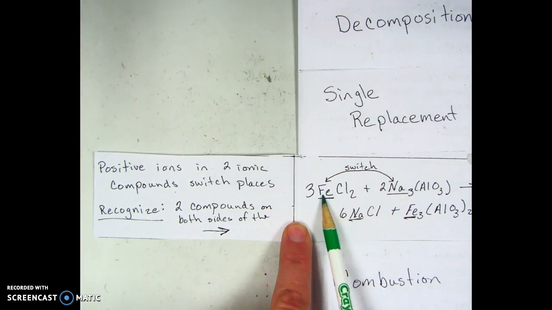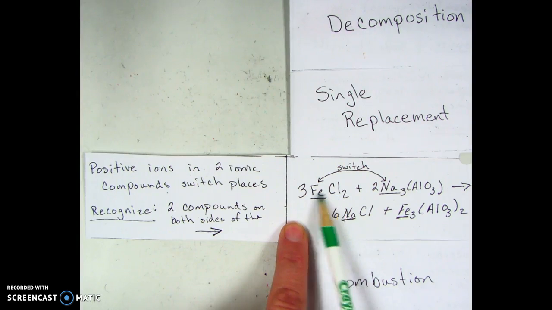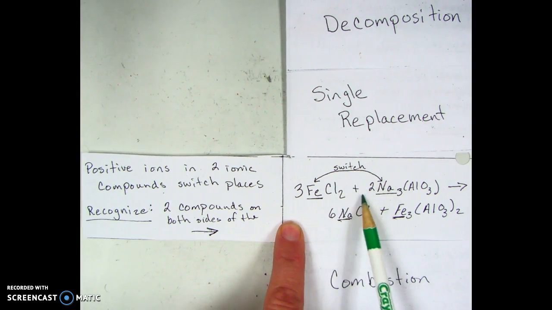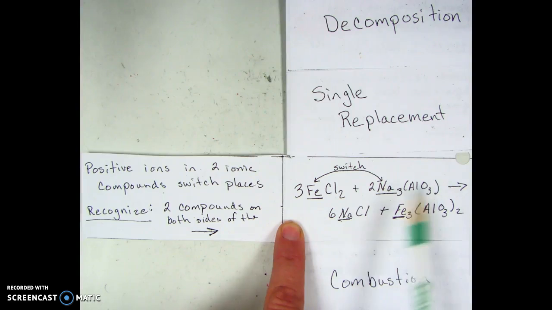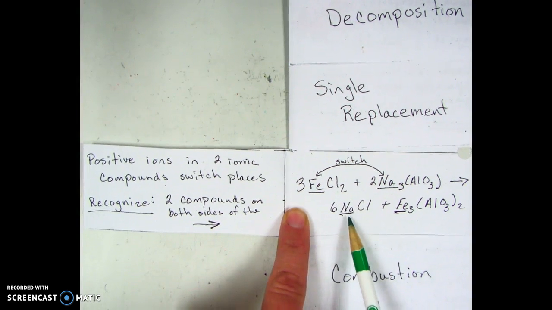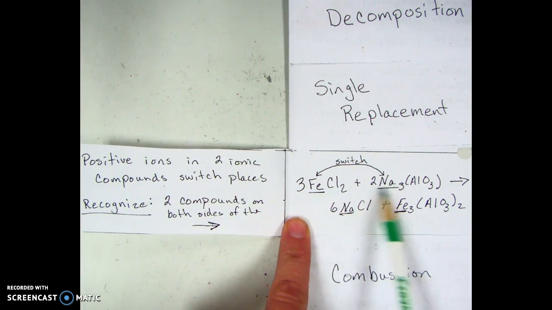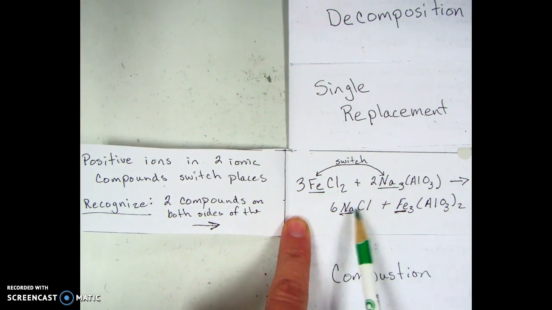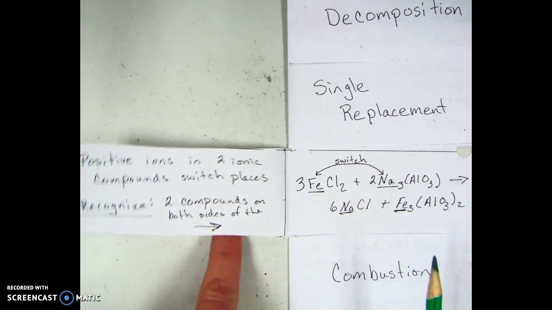So here we have iron 2 chloride plus sodium aluminate yields sodium chloride plus iron 2 aluminate. So you can see that the iron and the sodium cations switched places. And we have a compound plus a compound yields a compound plus a compound.